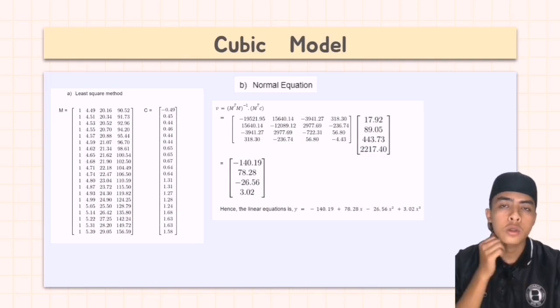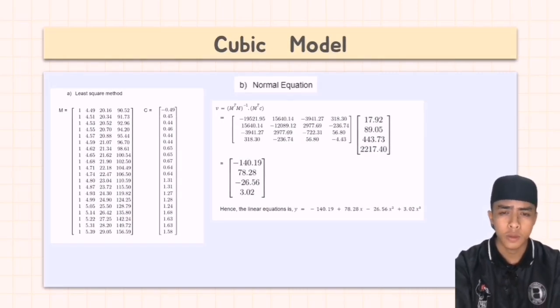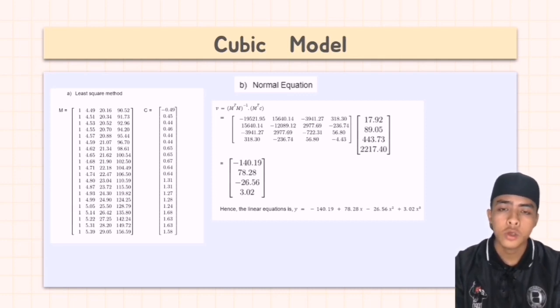Next we can continue with the cubic model, that is the power of 3. First of all, we need to find the least square method.